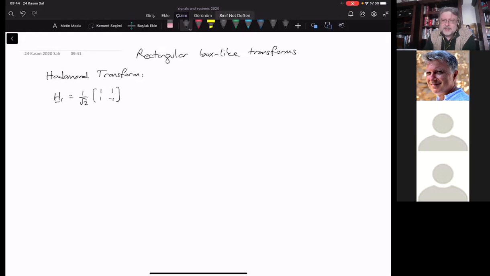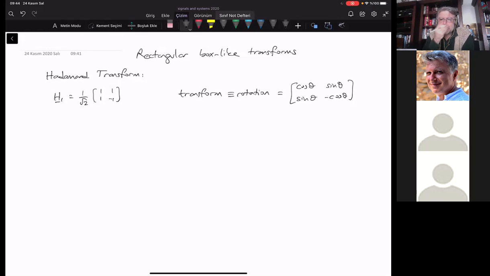Because every transformation is a rotation, I told you before, and in 2 by 2 matrices, the transform will be equivalent to a rotation, and that rotation matrix is cosine theta, sine theta, sine theta, minus cosine theta, which would correspond to a rotation by theta degrees.